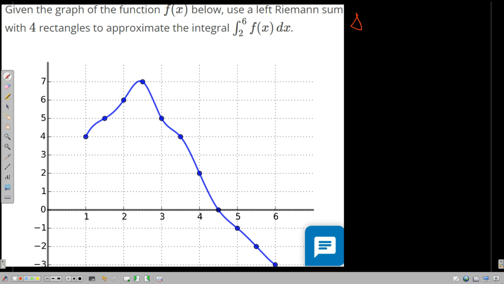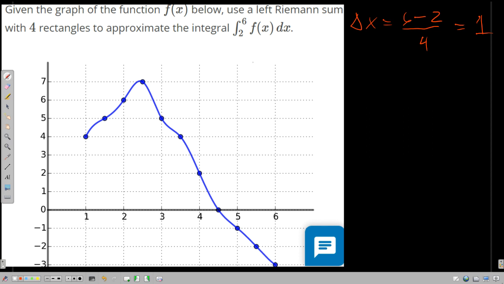Then the width of my rectangles is equal to the length of that interval divided by the number of rectangles they want. So my delta x is 1, and it's a left Riemann sum of 4 rectangles.